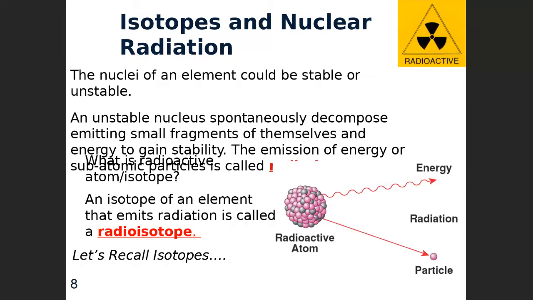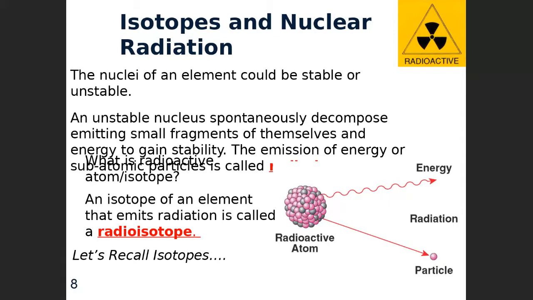Isotopes and nuclear radiation. The nucleus of any atom may be stable or unstable. We are going to talk about the unstable nucleus.